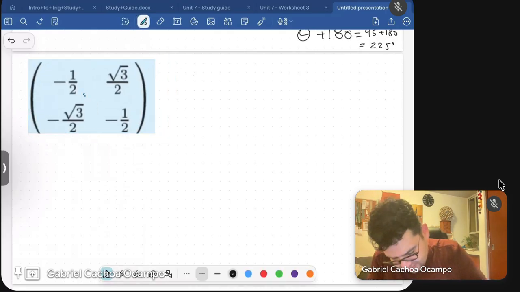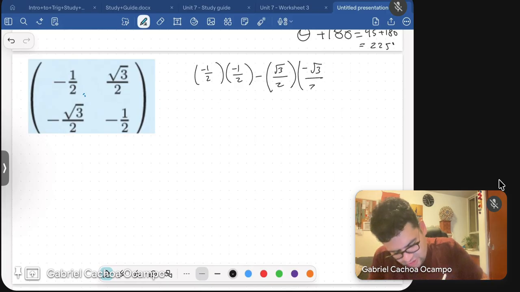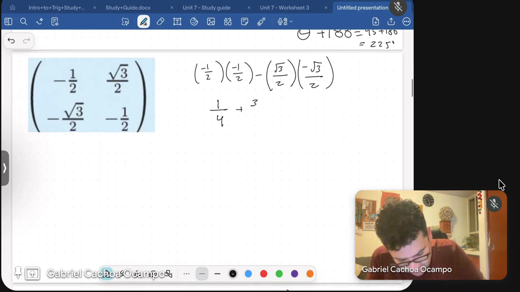I do the determinant. I need to do negative 1 half times negative 1 half minus the square root of 3 over 2 times negative the square root of 3 over 2. So here I have 1/4, and here I have positive 3/4. This is 1, so this is a rotation.